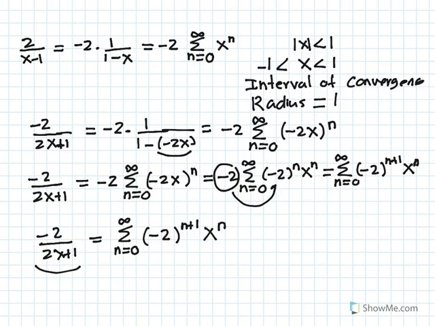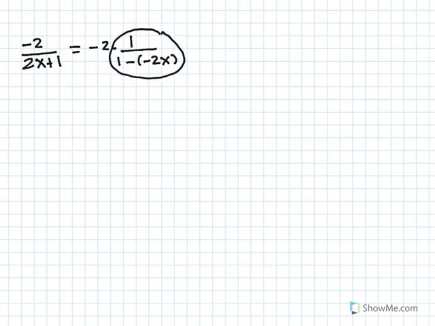All right, so let's review that. We have -2 divided by 2x plus 1. And we wrote this as -2 times 1 divided by 1 minus 2x. And this is a sum of a geometric series where the common ratio r is equal to -2x.